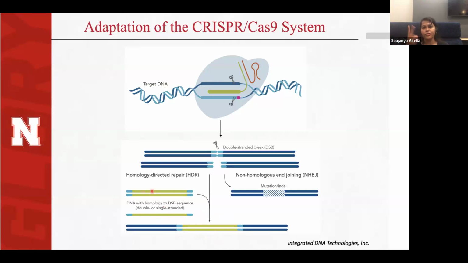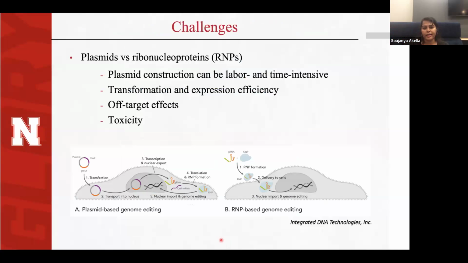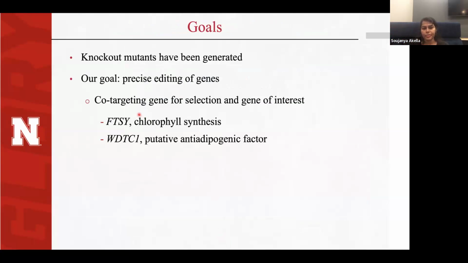So you've taken care of two problems at the same time: you've disrupted your gene of interest, but you've also put in a way that you will be able to identify the cells that have your gene of interest disrupted, because they will survive on the antibiotic. This gene will get expressed, it'll make some protein that will help fight the antibiotic. So people had made knockout mutants. That was one of the main things at that point, that knockout mutants had been generated using CRISPR-Cas9.